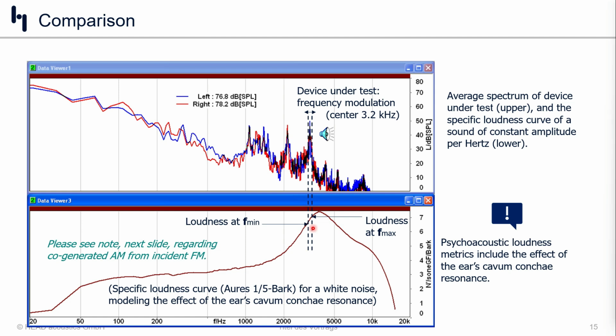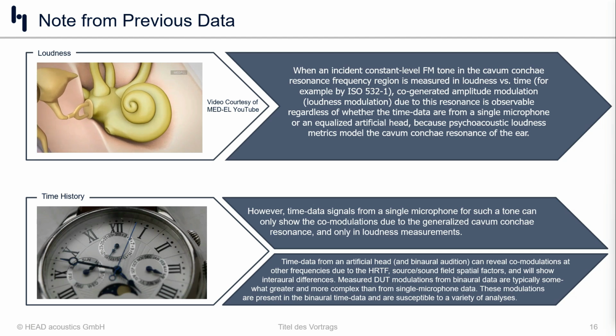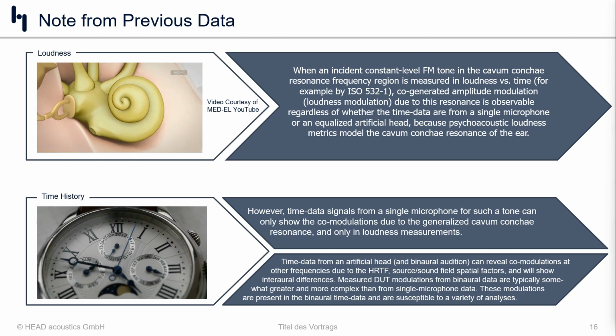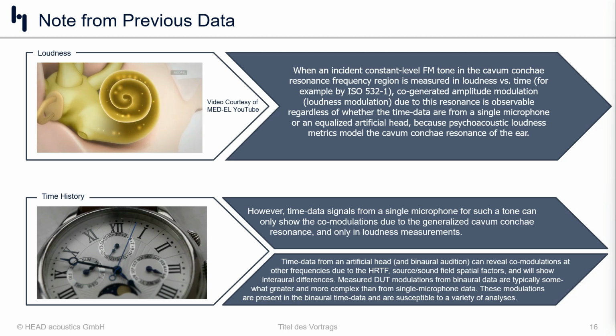And we're not going to take time to analyze it here. So when an incident FM tone in the cavum conchae resonant frequency is measured in loudness versus time, there is this co-generated amplitude modulation, whether you take the data from a single microphone or an artificial head, because the curve is in the loudness calculation. But if you have single microphone data, you only get the co-generated AM information about the cavum resonance and nothing else.